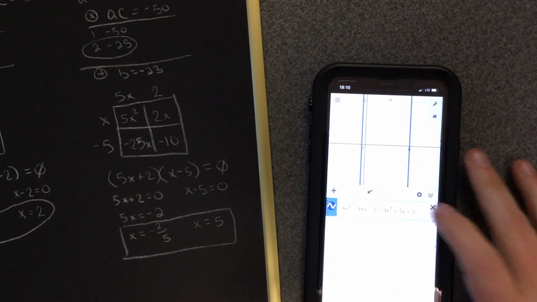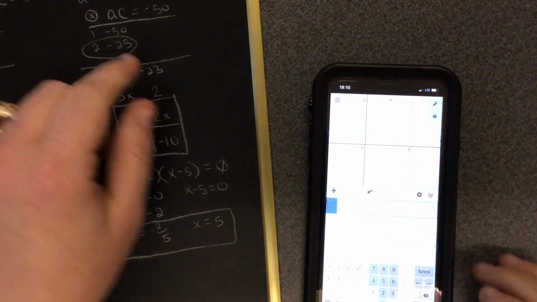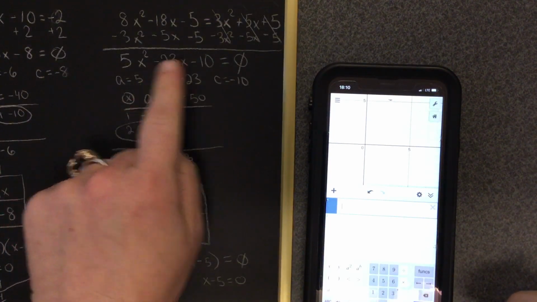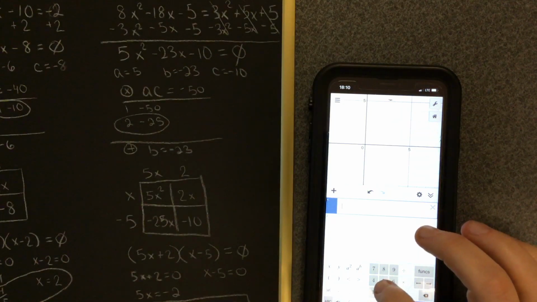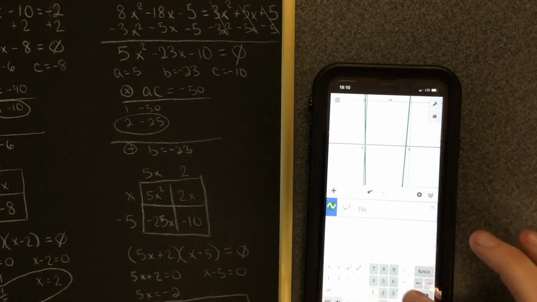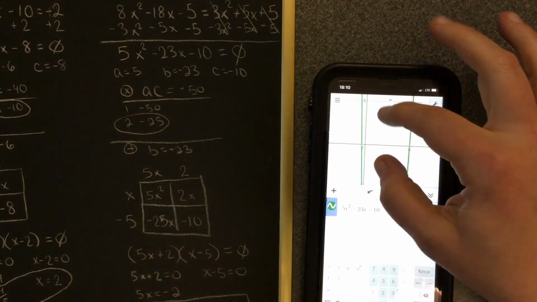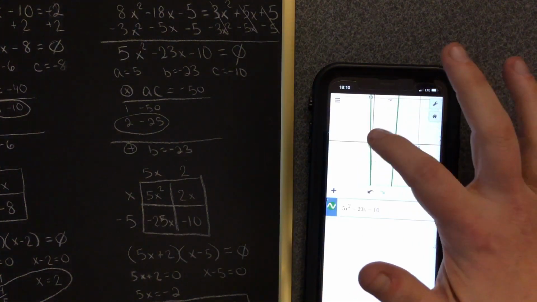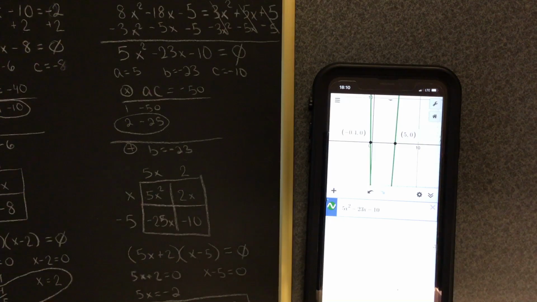But you can also take that equation that's set equal to 0. If you just did 5x squared minus 23x minus 10, you have this parabola, and you can find the x-intercepts pretty quickly. And you'll see that it matches. So that's how you can do it.